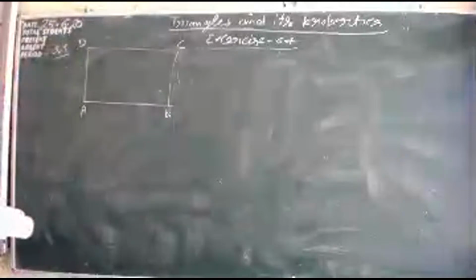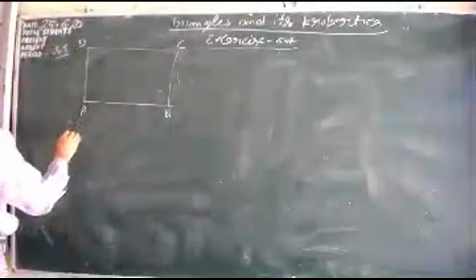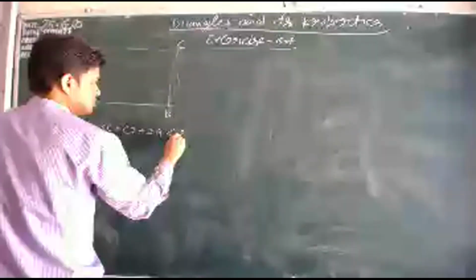This is the quadrilateral and its name is ABCD. Clear? Now we have to prove that in this quadrilateral AB plus BC plus CD plus DA should be less than 2(AC plus BD).